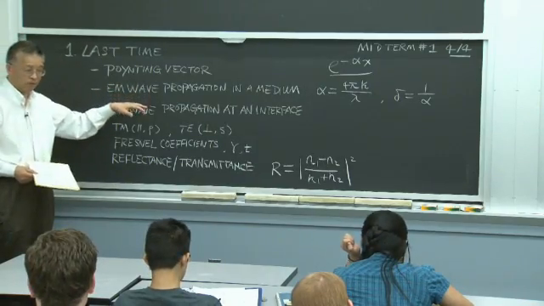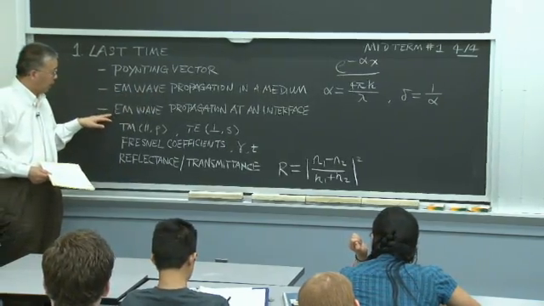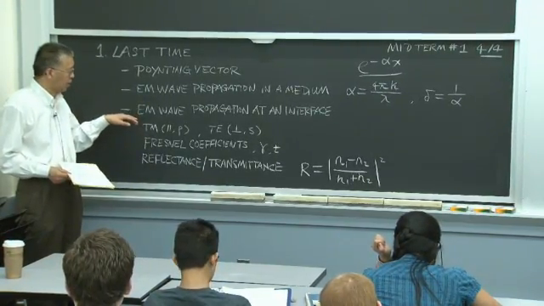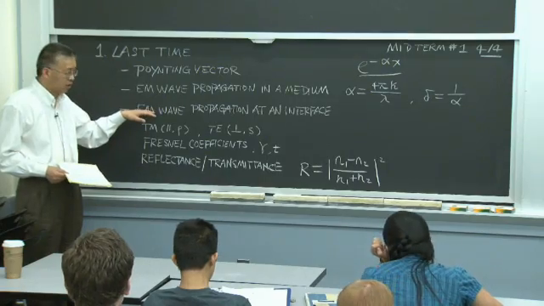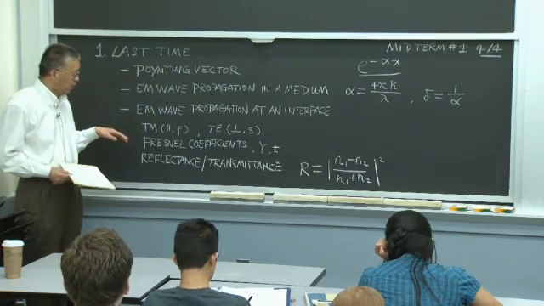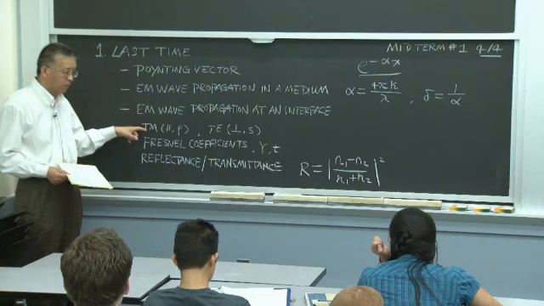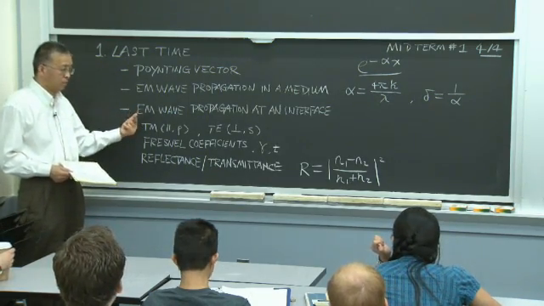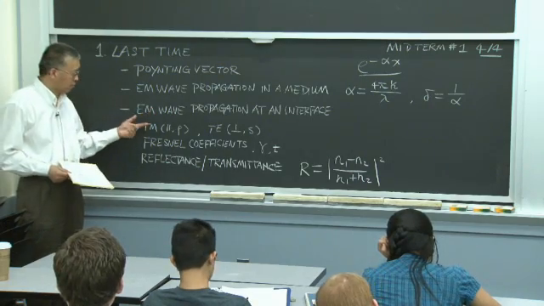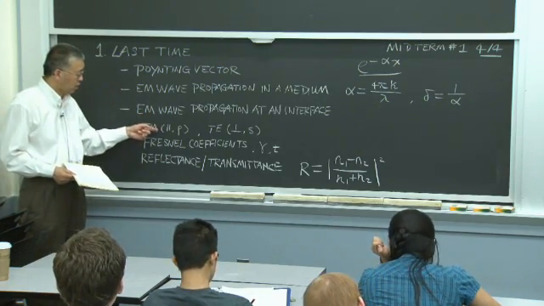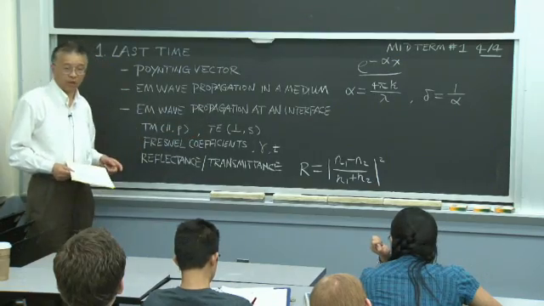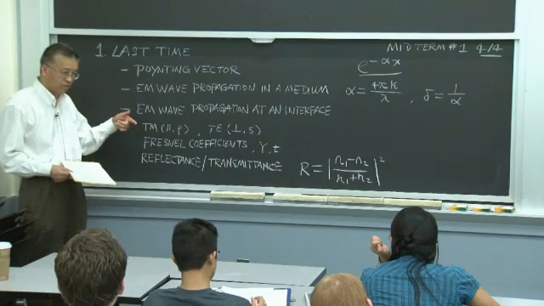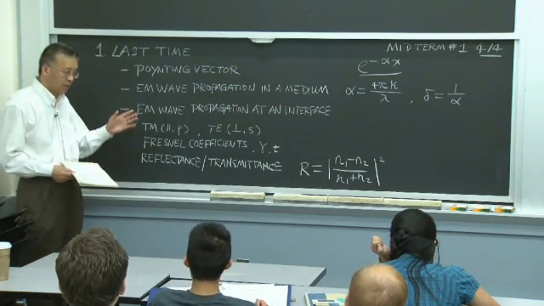That's the EM wave propagation inside the medium, the Beer-Lambert law, we said. Then we started looking at the reflection and refraction of an EM wave at the interface. For that, we have to be careful of the polarization. The electric field, pointing in any direction, can be decomposed into a TM wave and a TE wave, with the plane of incidence defined by the wave vector of the incident wave as the norm.